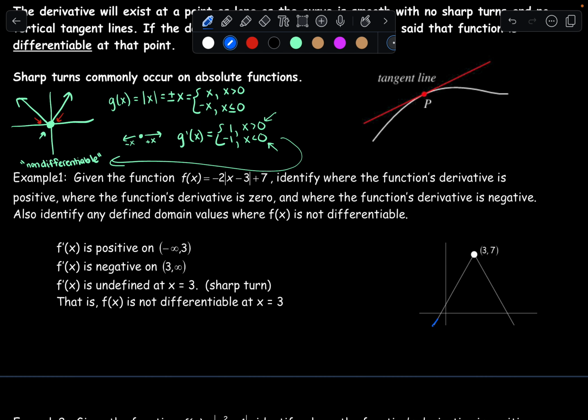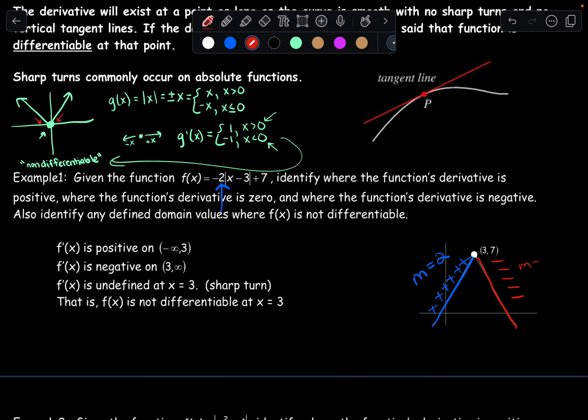So if we start to the left, the function is increasing, and we can see the slope is positive. Now, for these absolute value functions, we know the exact value of the slope. It's given as part of the function, all right? So on this side, m is equal to 2, okay? Now, on the other side, the slope is negative, and we actually know what the slope is.